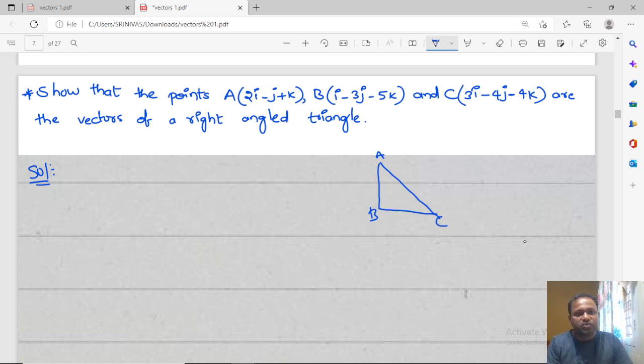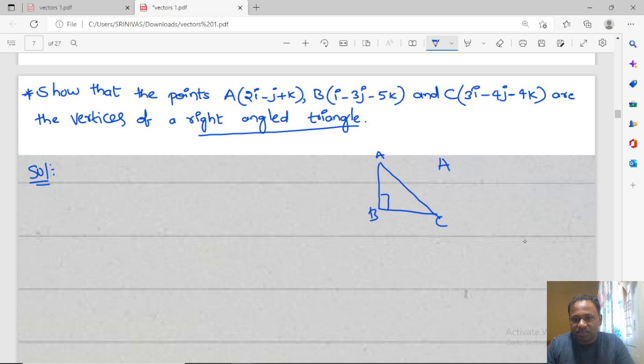Show that the points are the vertices of a right angled triangle. Right angled triangle means we can apply Pythagoras theorem.